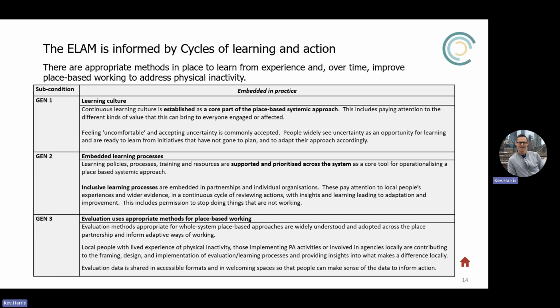So the cycles of learning and action condition is very much connected with the evaluation, learning and asset mapping exercise, and the exercise itself is built around the condition, so will facilitate a much deeper understanding of what the condition is and what it involves.